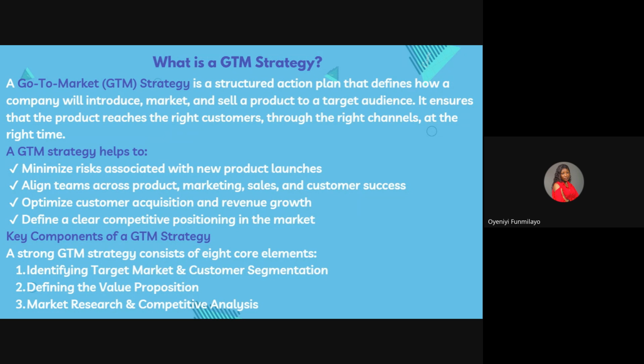So yeah, I said a go-to-market strategy helps to minimize risks associated with new product launches, align teams across product, marketing, sales, and customer success, and optimize customer acquisition and revenue growth, because now you are looking for new users to join your product, to use your product.